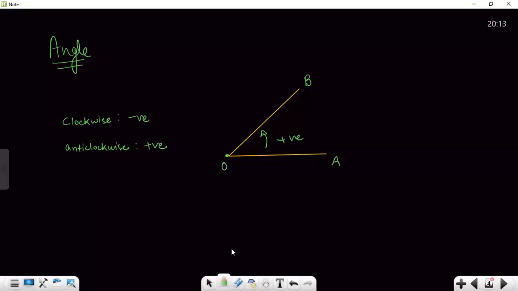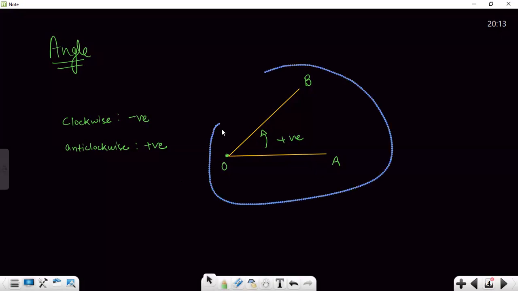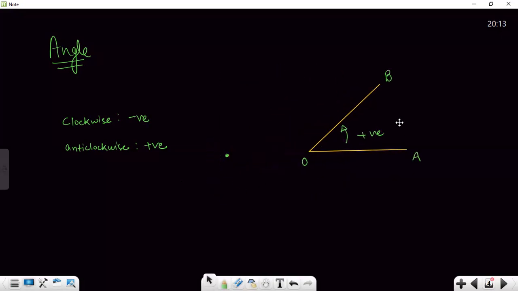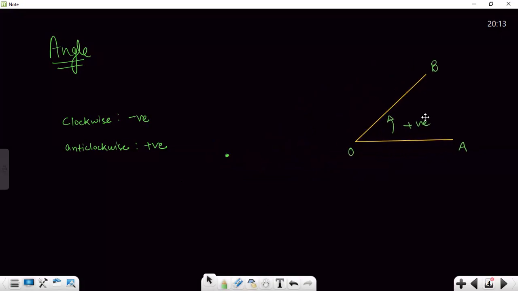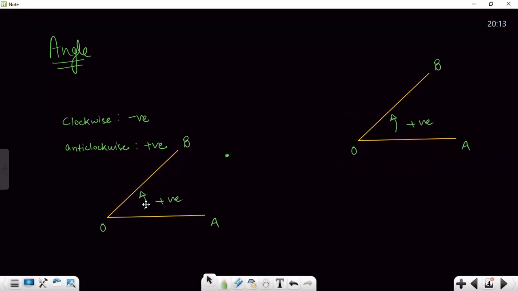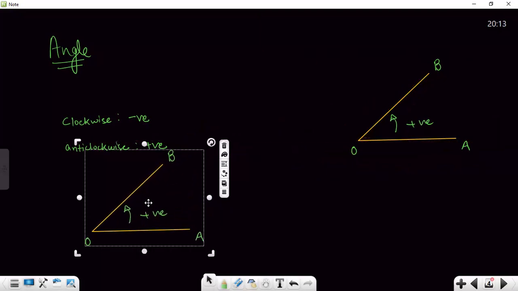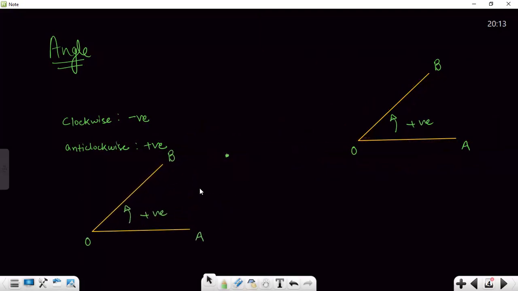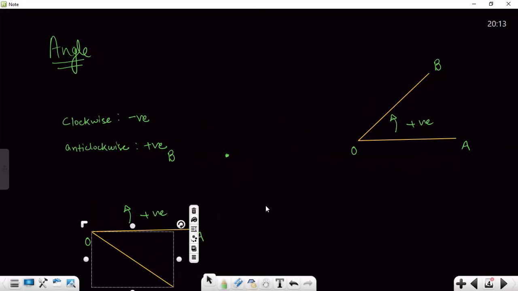Let me draw a similar diagram for a negative angle too. Rotating clockwise this time, so the angle will be negative.